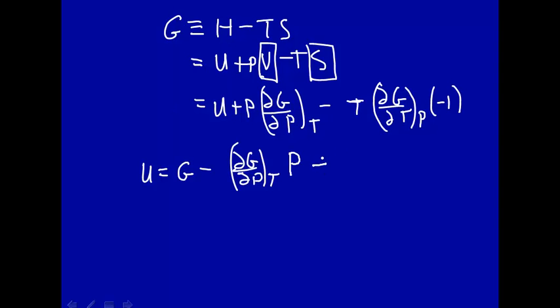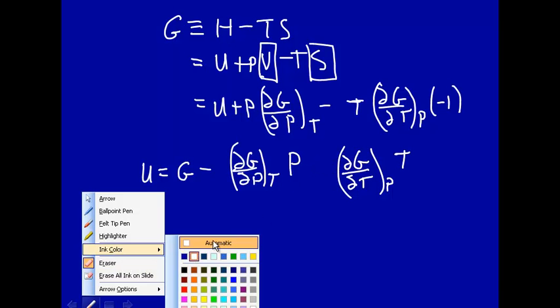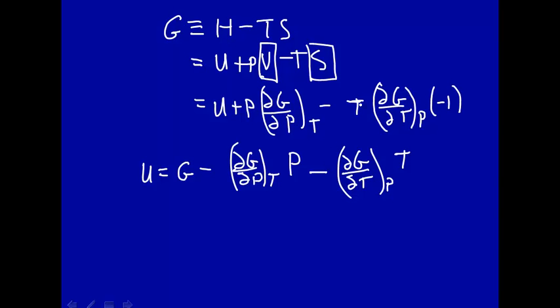That comes to be a plus, plus how G changes with temperature at constant pressure times temperature, since you're putting it on the other side of the equation to isolate U.